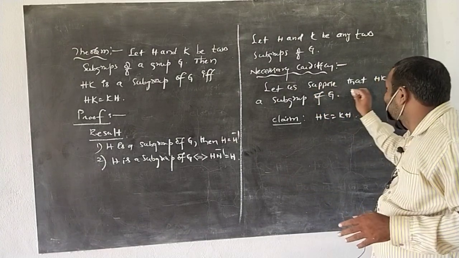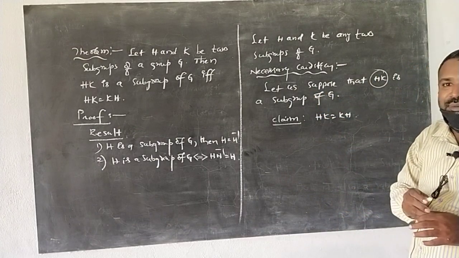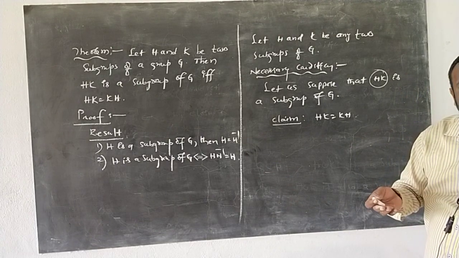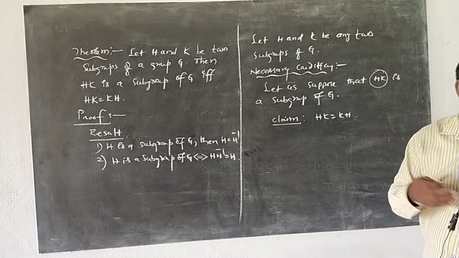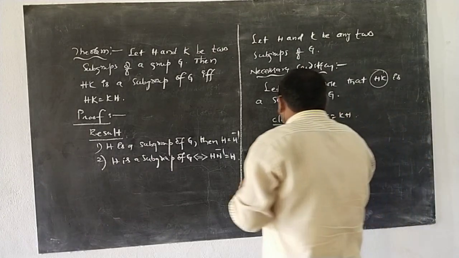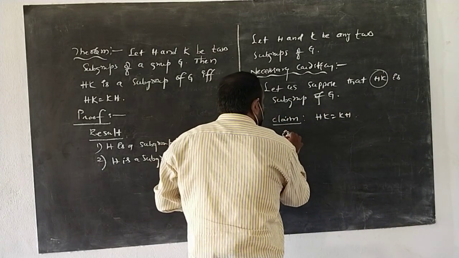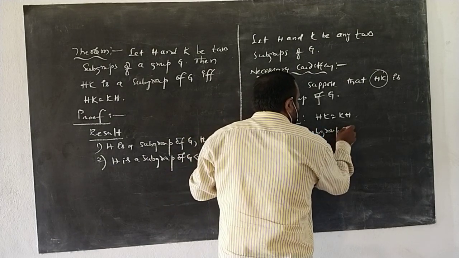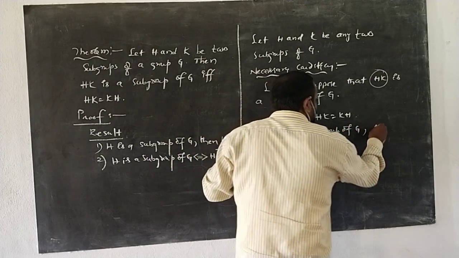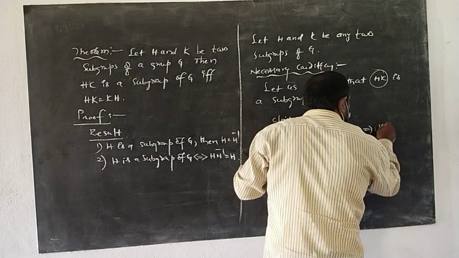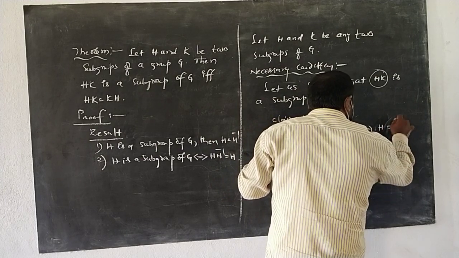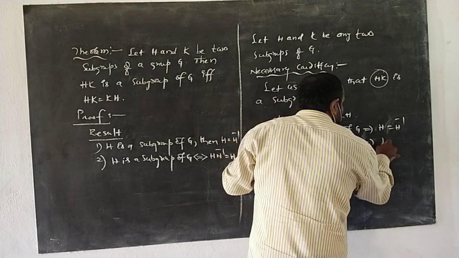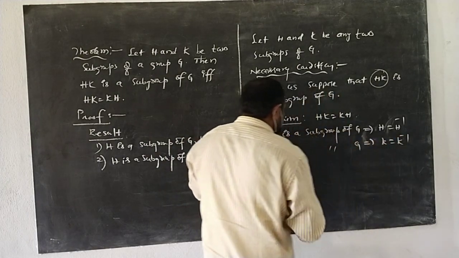In the supposition HK is also a subgroup, then what can we write from result 1? HK equal to HK whole inverse. Okay? H is a subgroup of G implies H equal to H inverse. K is a subgroup of G implies K equal to K inverse.